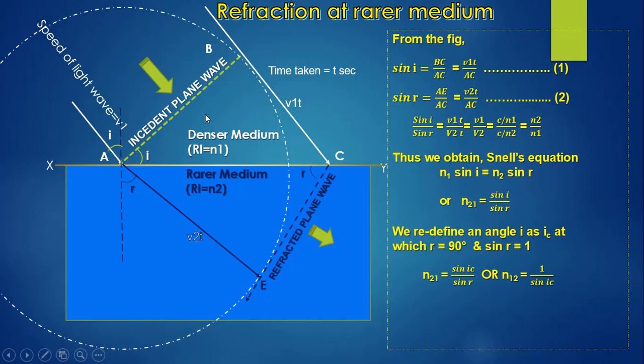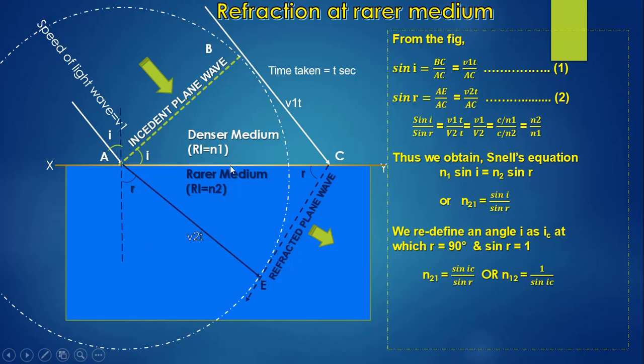For which particular value of angle of incidence total internal reflection will take place, that I have to write. It means I have to write the refractive index of the denser medium in which total internal reflection takes place. Total internal reflection takes place in the denser medium, not in the rarer medium.